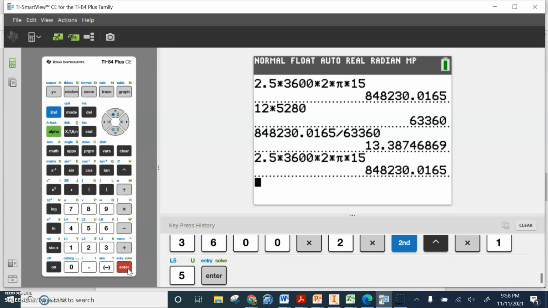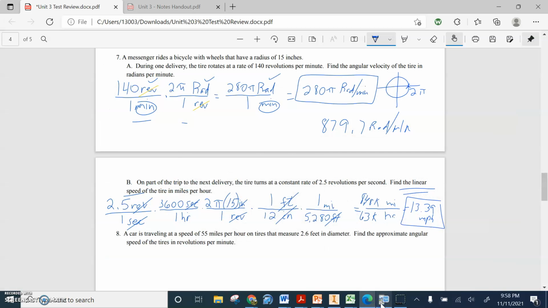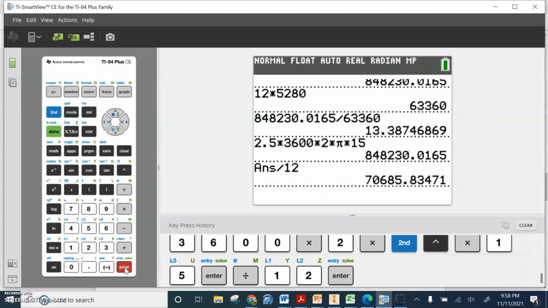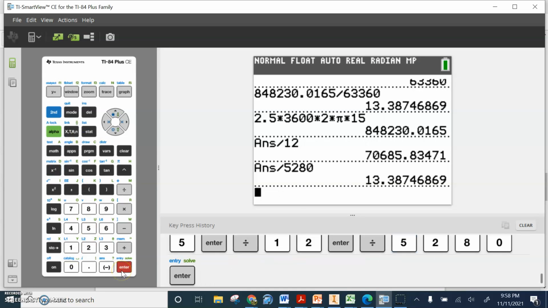Answer. Now, at that point, you can then, rather than take 12 times 5,280 and getting two different numbers, you can say divide by 12, get an answer. Divide by 5,280, get an answer. You're still at 13.39.